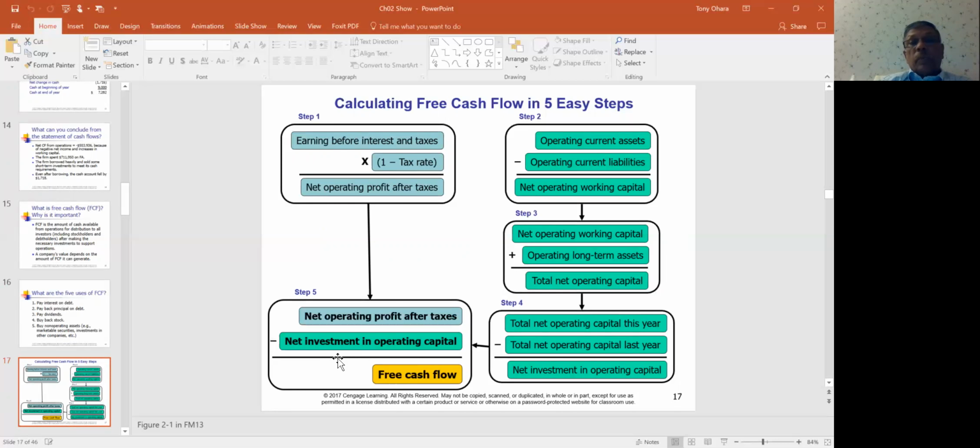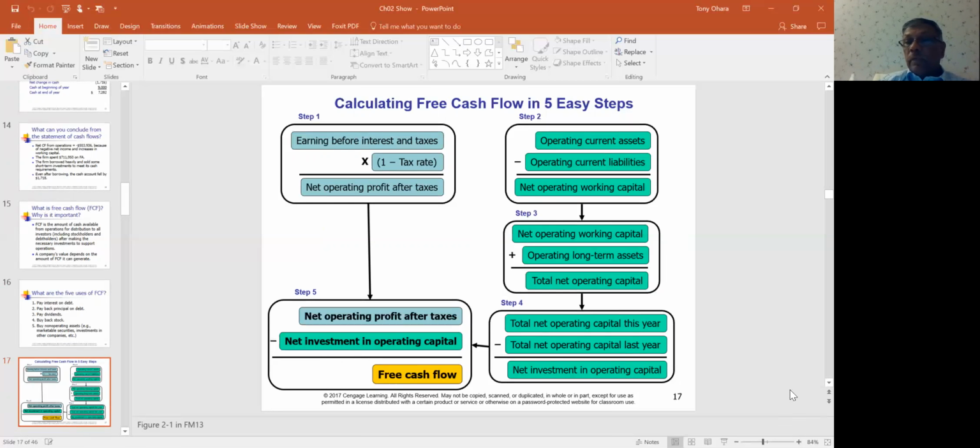We're going to use the income statement and the balance sheet that we have provided, simple as it is, but it does serve the purpose. We're going to walk these things through the 5-step process. And in the end, we're going to come up with the free cash flow.